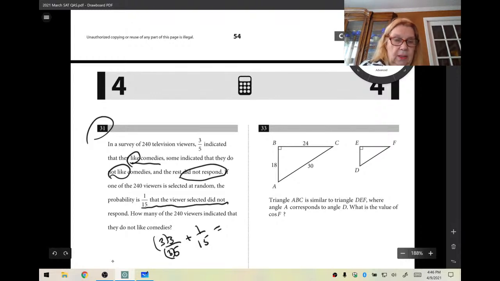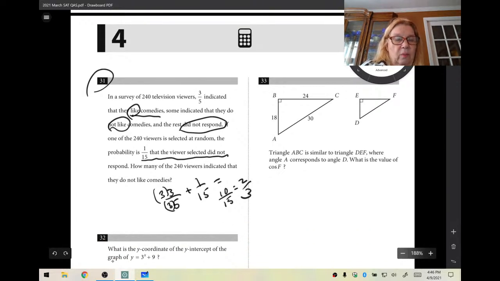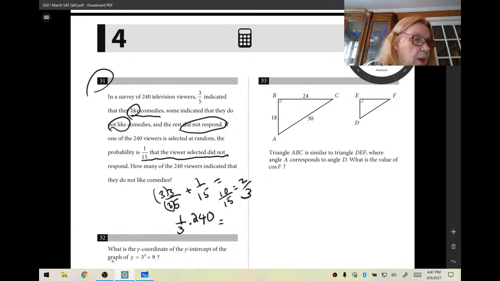So that'll be 10/15 we've already figured out have indicated their views. And that's going to be divided by 5. That's going to be 2/3 we know their views. So we have 1/3 of 240 who don't like the comedies, and that would be 80. Yes, sorry.